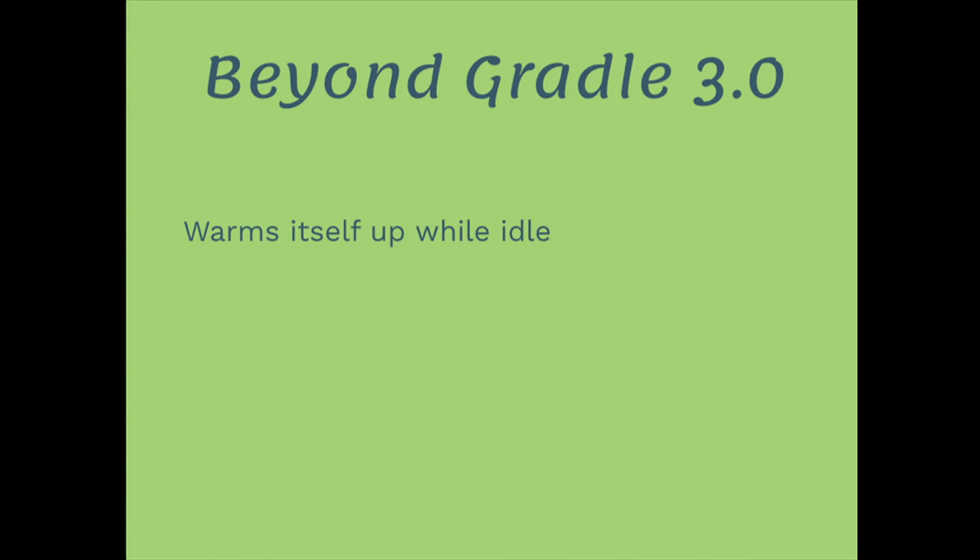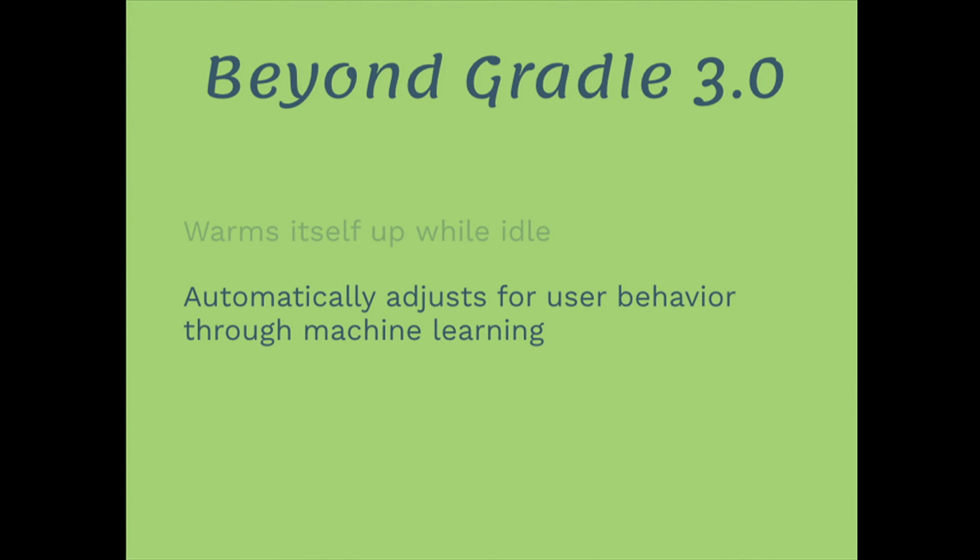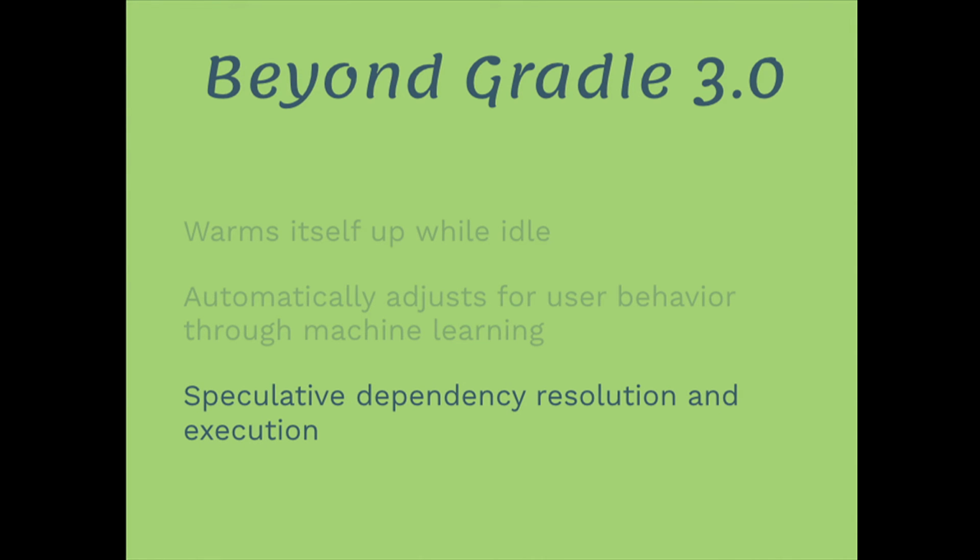Maybe further future, perhaps we can have a daemon that starts to get a little proactive. It maybe warms itself up while it's idle. It automatically adjusts for user behavior through machine learning. So, for example, Gradle is moving toward multiple technologies, building Python and other languages. And users of those technologies tend to behave differently, and we can adjust the behavior of Gradle differently.